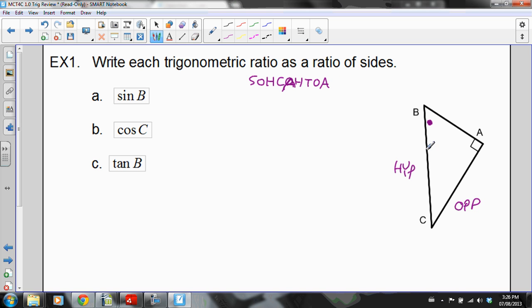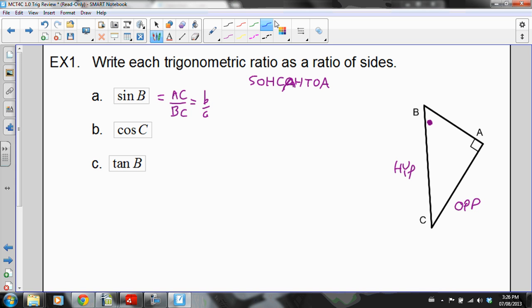Sine is opposite over hypotenuse, so this side over this side, AC over BC. I've labeled it with the line segments, but we could use the little letters, little b over little a, if we wanted to be a little bit lazy, I suppose.